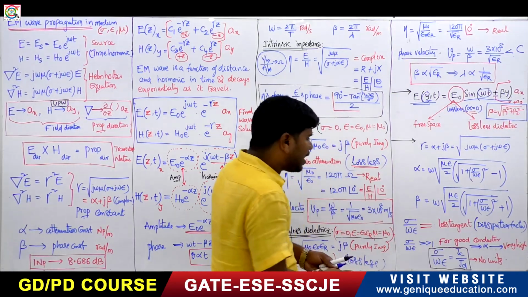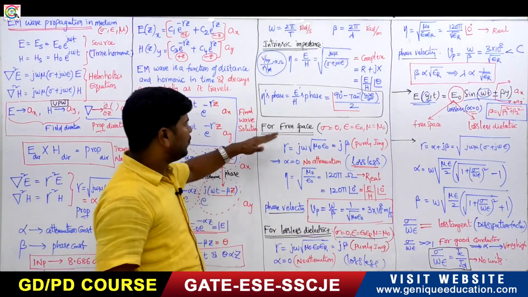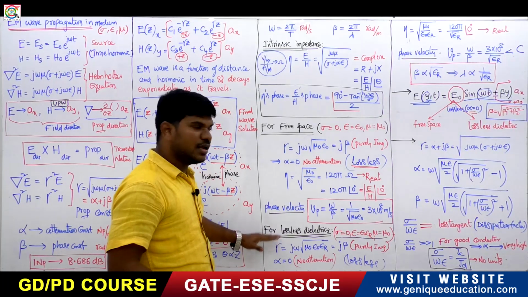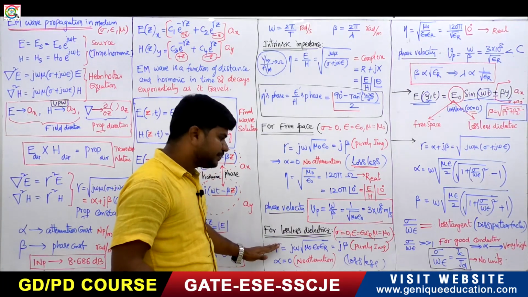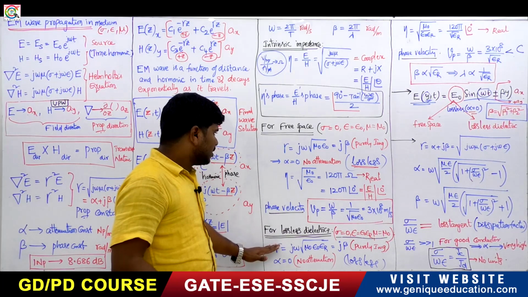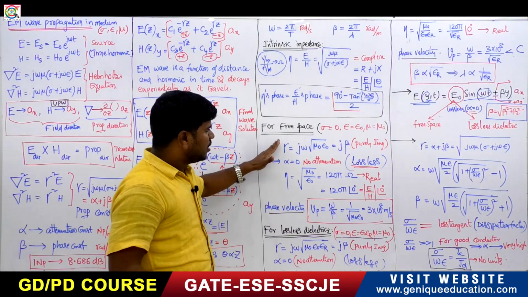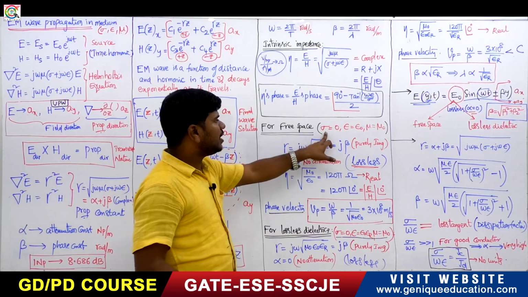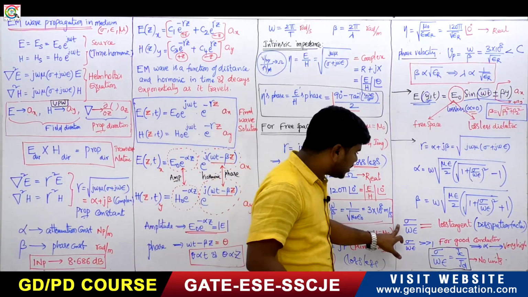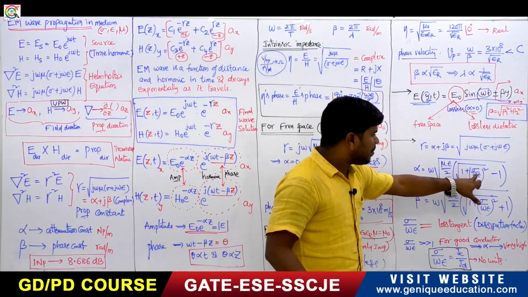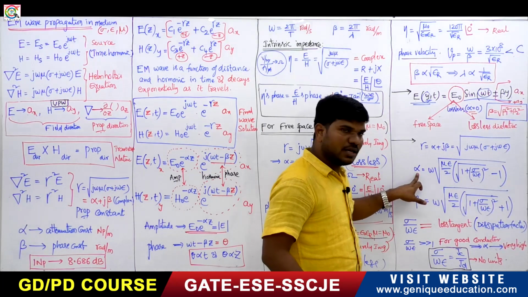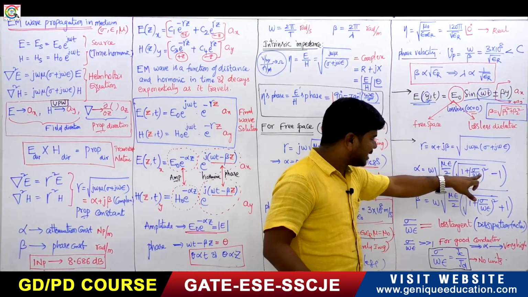So suppose you take free space or a lossless dielectric. What is sigma in free space? Sigma value is 0. Alpha is proportional to sigma by omega epsilon.